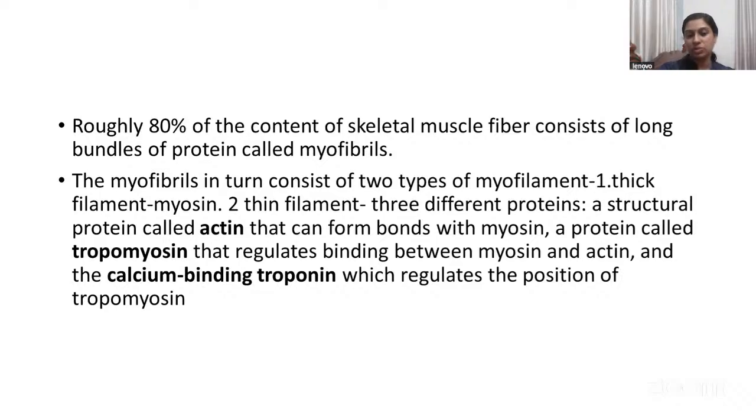Okay. So when the myosin head binds to the actin, there is ADP and phosphate present in the myosin head. When it is bound to actin and causes muscle contraction, initially the ADP is released and then the phosphate is released, and it will combine to form ATP.